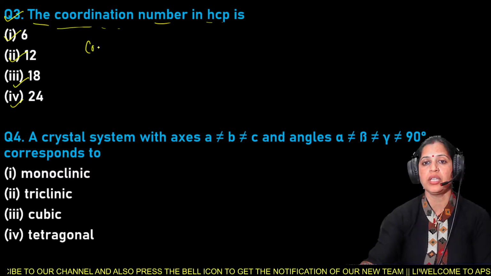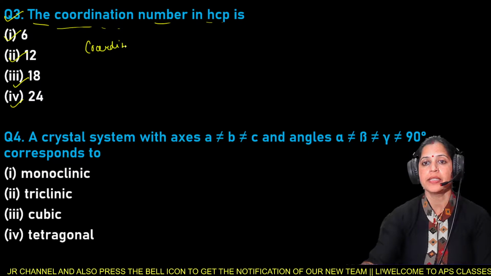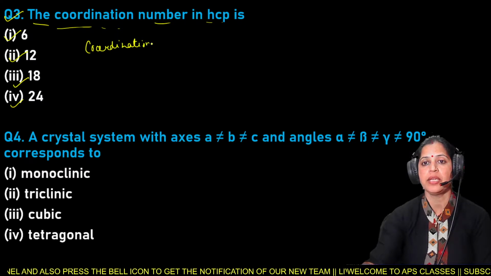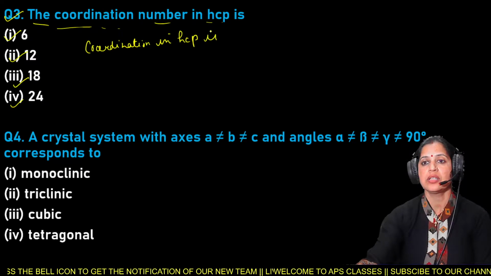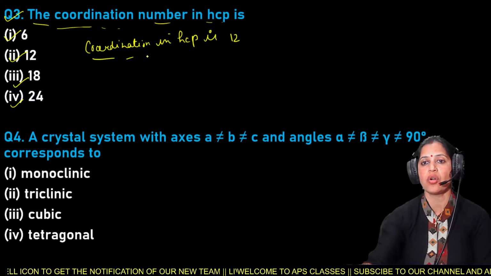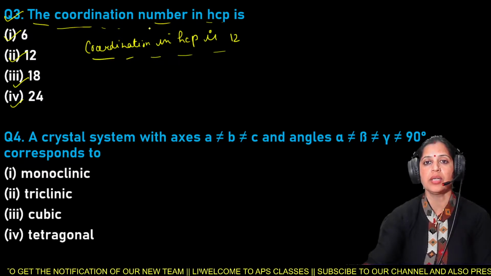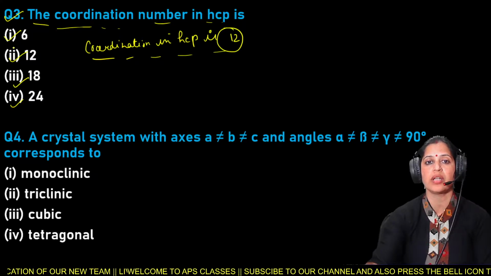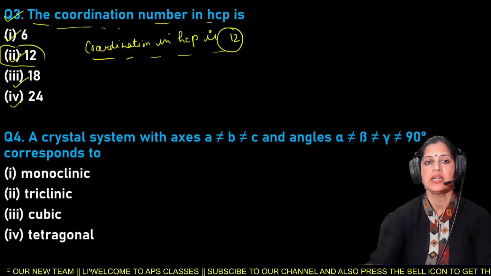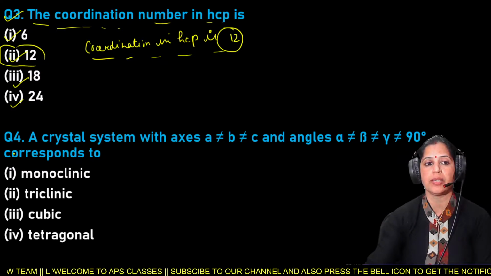So beta, the coordination number especially in HCP, that is hexagonal close packing, is 12, not 6, not 18, and not 24. The coordination number in hexagonal close packing is only 12. So here option second is the right answer for the question number 3.